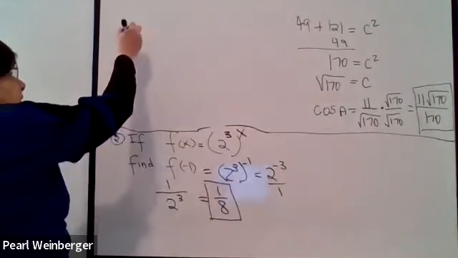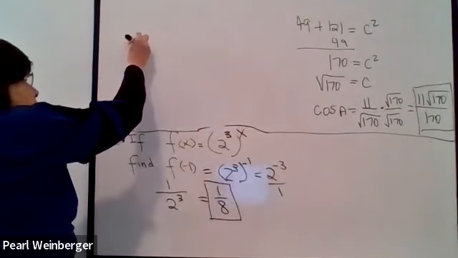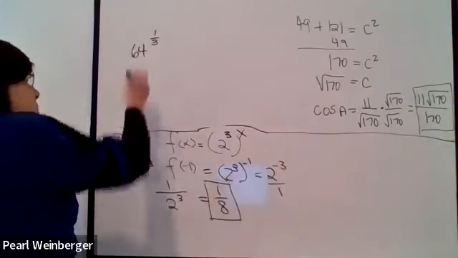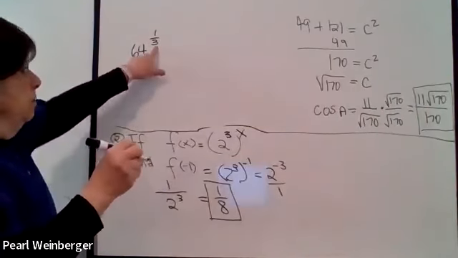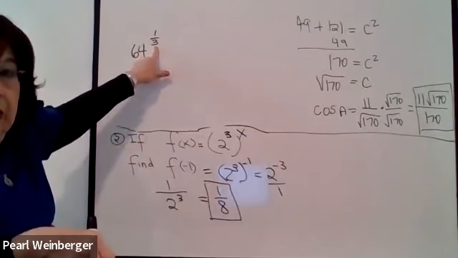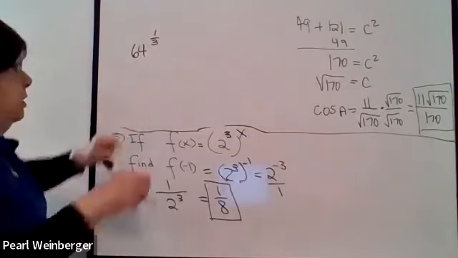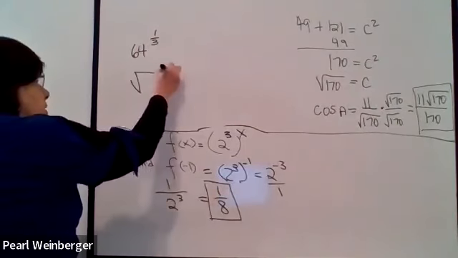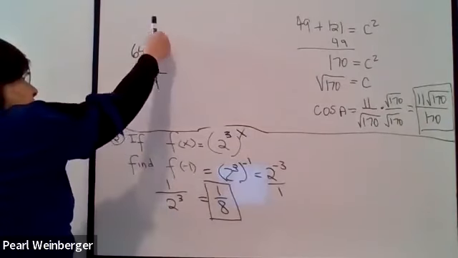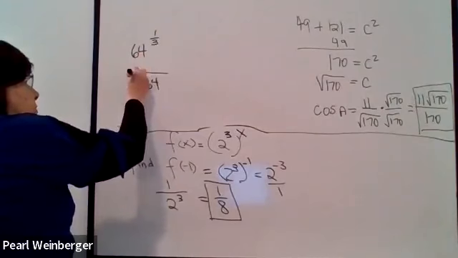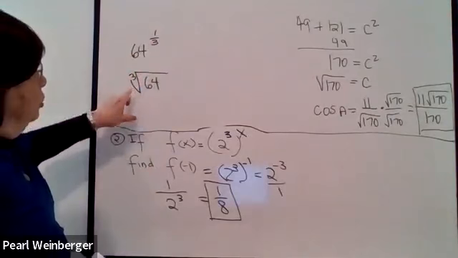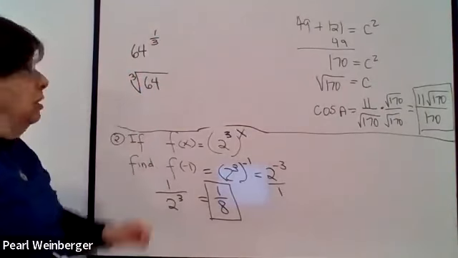For example, if I give you 64 to the 1/3 power, remember that a fractional exponent really means a radical. This means the radical of 64, where the index is the denominator, in this case 3. This means the cube root of 64.